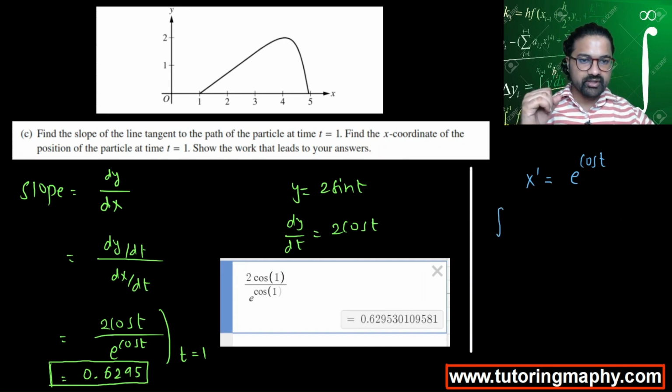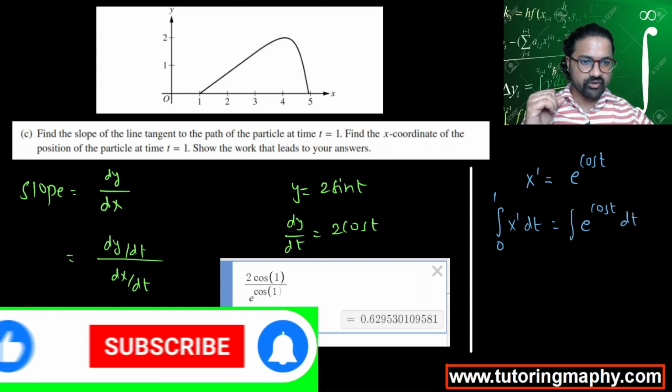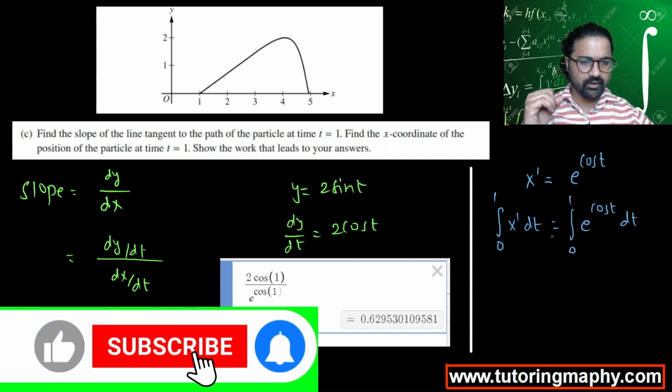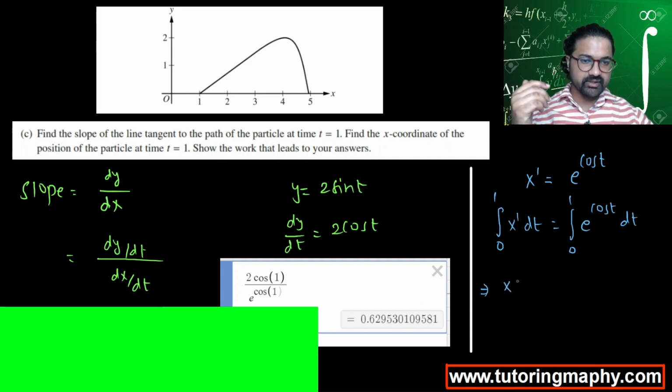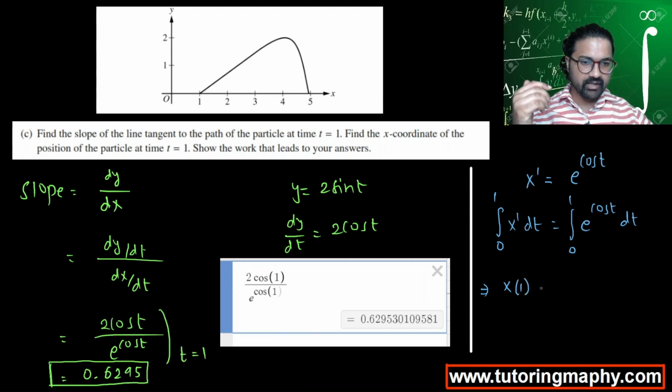So I'm going to put the integral sign on both sides, from 0 to 1, of x prime dt, and this is going to be e raised to cos t dt, again from 0 to 1. If we integrate x prime, I'm just going to get x, and if I put the limits, that's going to be x at 1 minus x at 0.